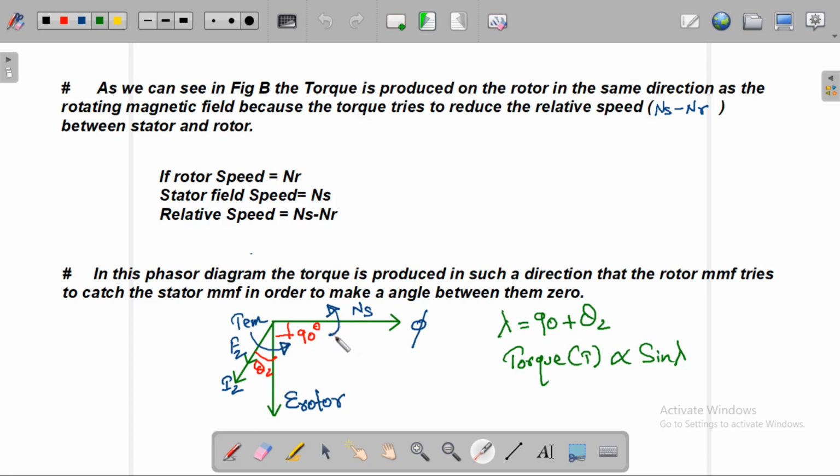The synchronous speed is in the anti-clockwise direction, so in the same direction the electromagnetic torque is produced.